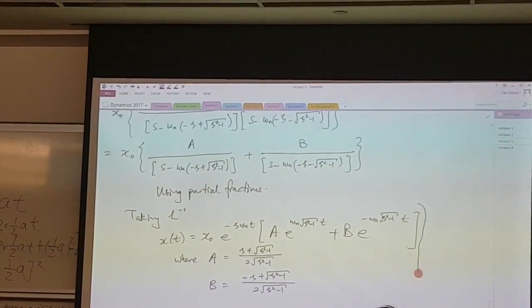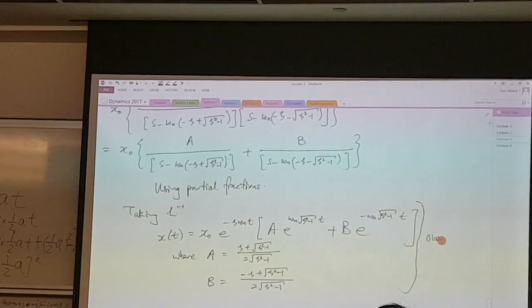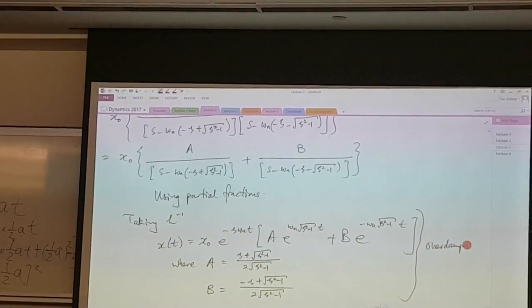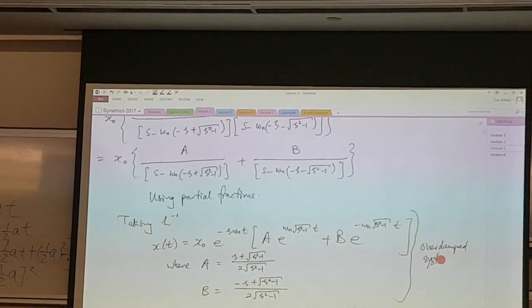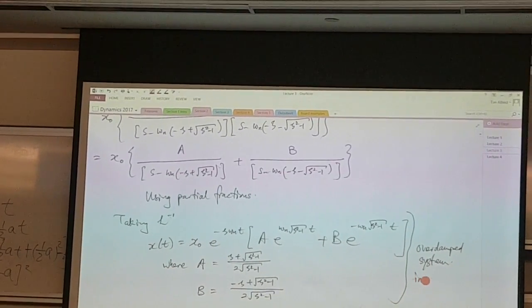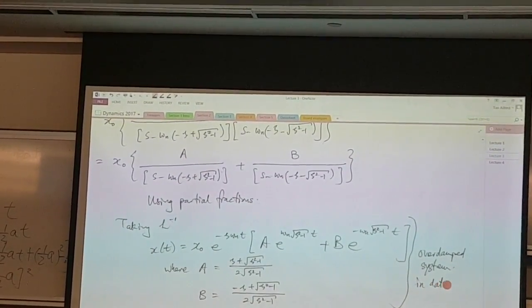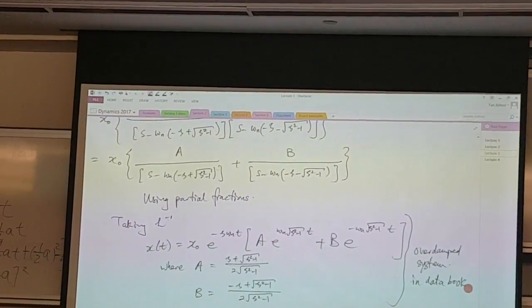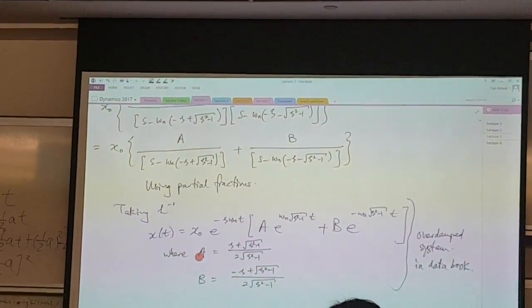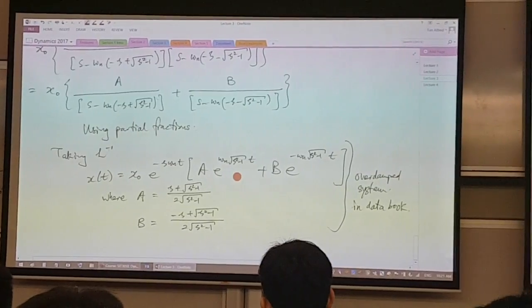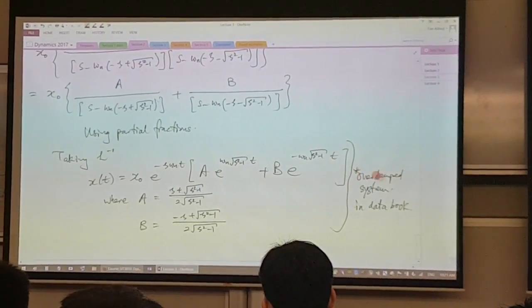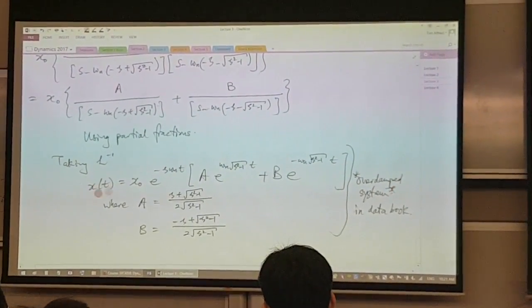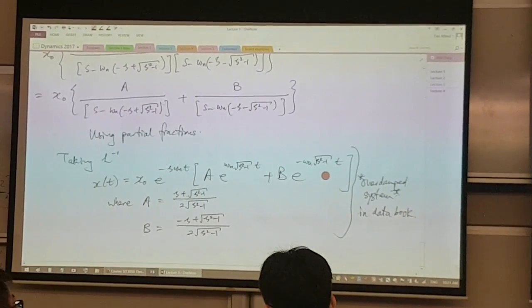This entire part of it is for overdamped system and is provided in the data sheet. So you do not need to memorize this. What you need to know is that for an overdamped system, the expression is given by this.